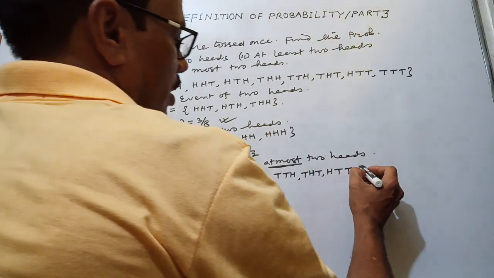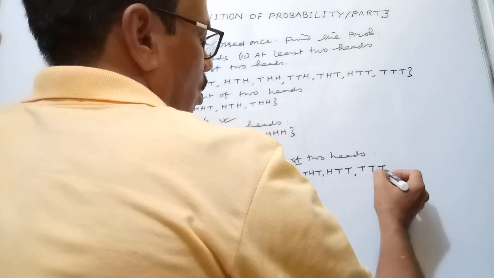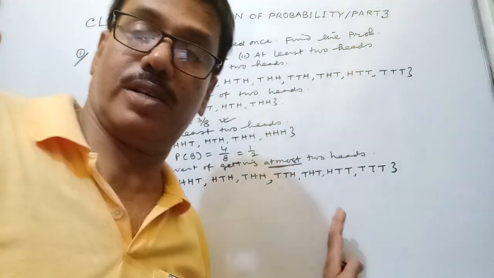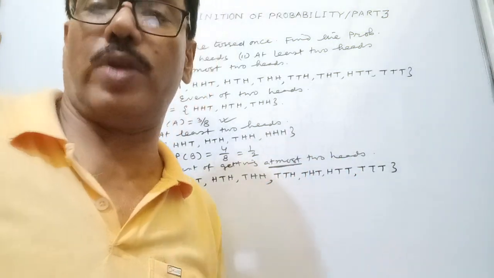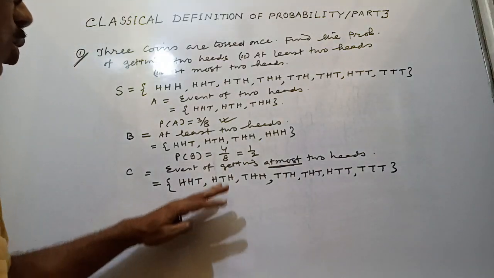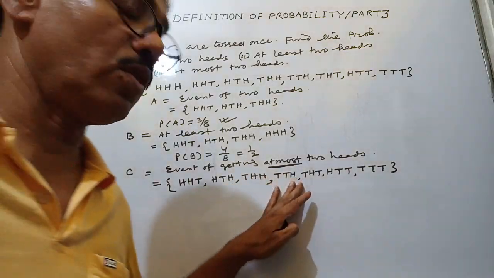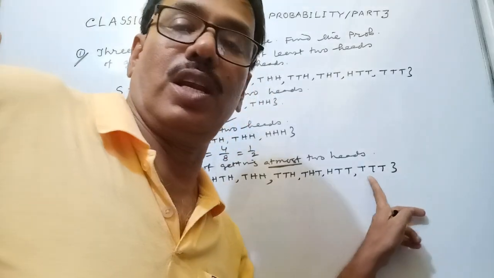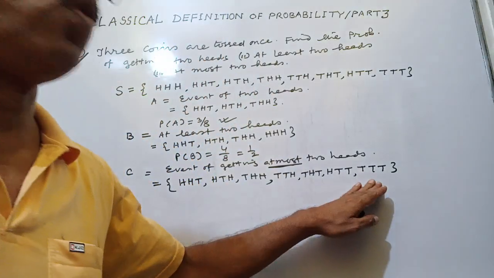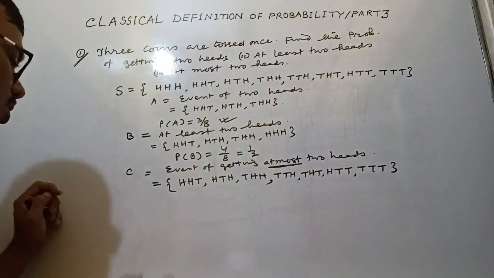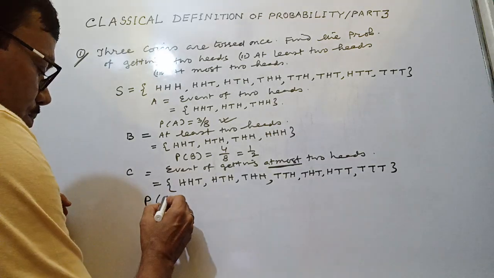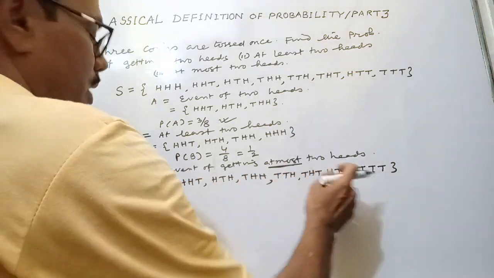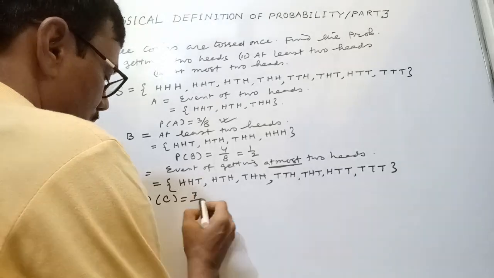No head means all tails, which is 1 case. So this should be noted. Maximum 2 heads means 2 heads, 1 head or no head. So what is P(C)? 1, 2, 3, 4, 5, 6, 7. So 7 by 8.